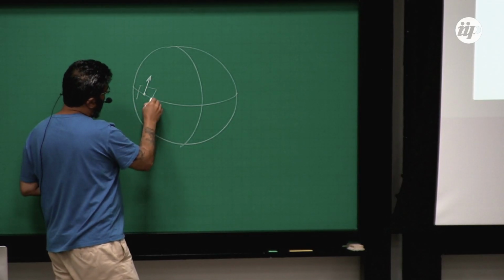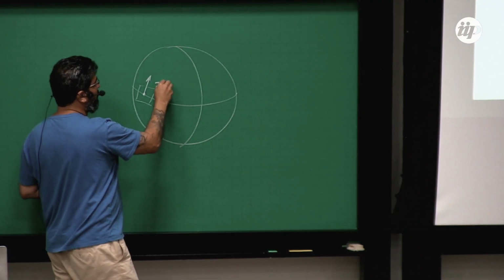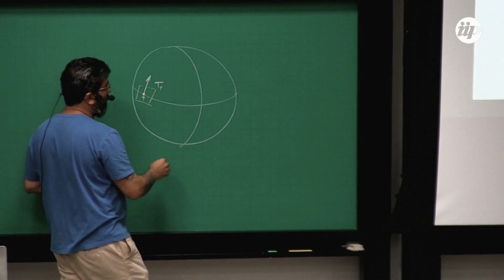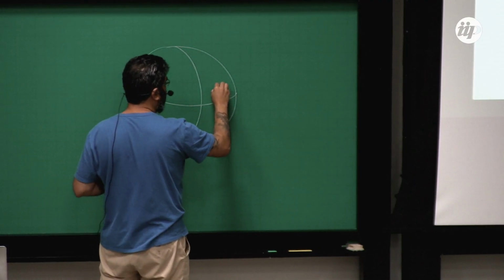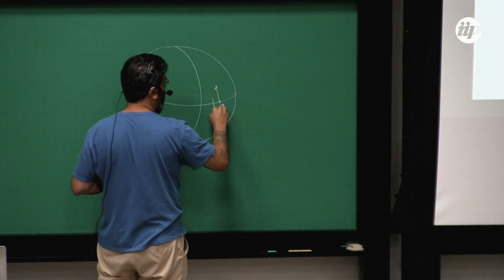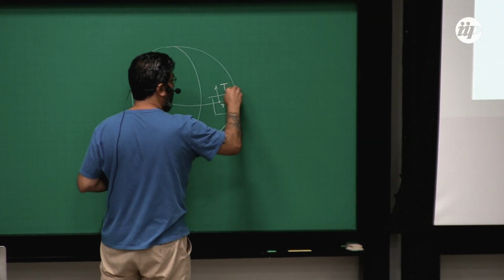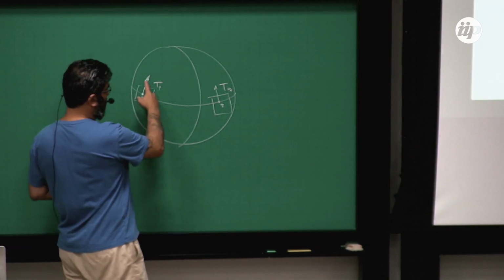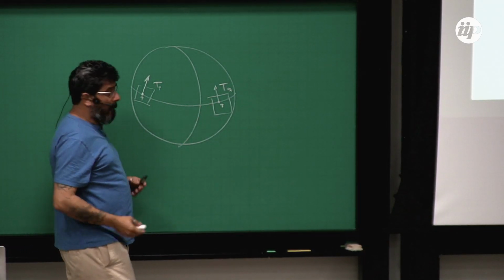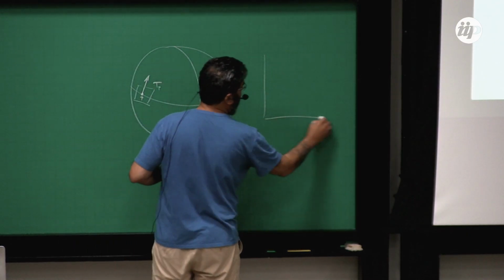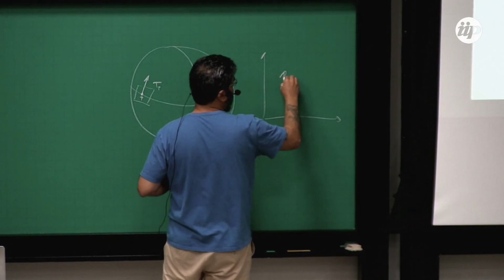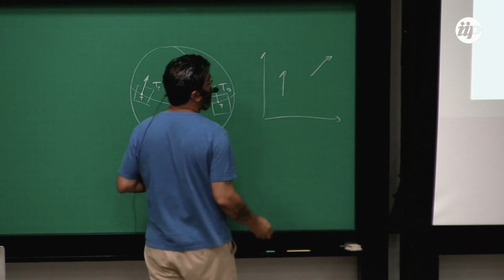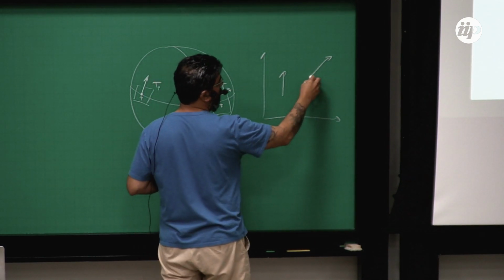So then I define locally here a tangent space at P, and then I can define another vector here at Q, and another tangent space here. Okay? Then I want to compare this guy with this guy. But in flat space, if I have this guy and this guy here and I want to compare these two, what do I do?